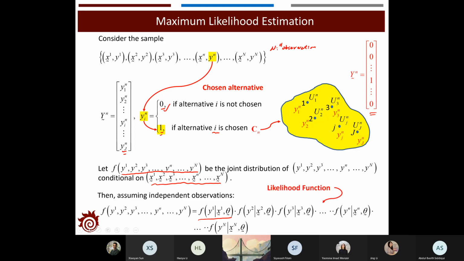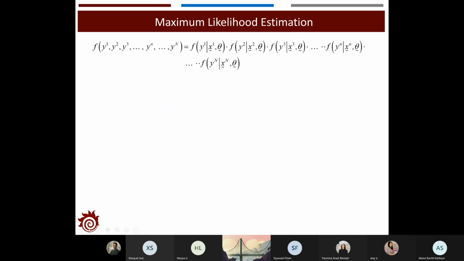We define this as the likelihood function. What we want to do is find the best values of theta. So we want to find theta hat to maximize the likelihood function. Now let's see how we're going to do that. First of all, we need to simplify this expression a little bit.